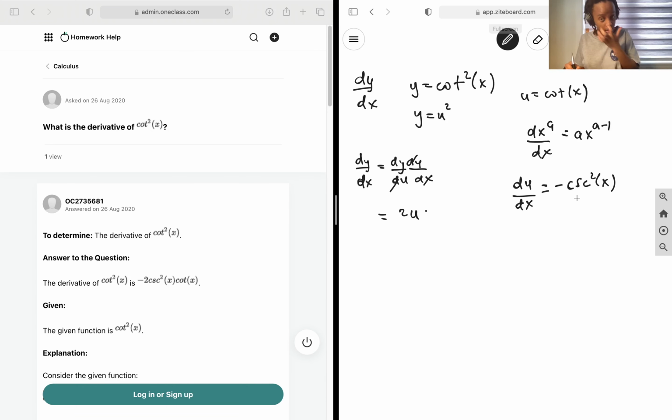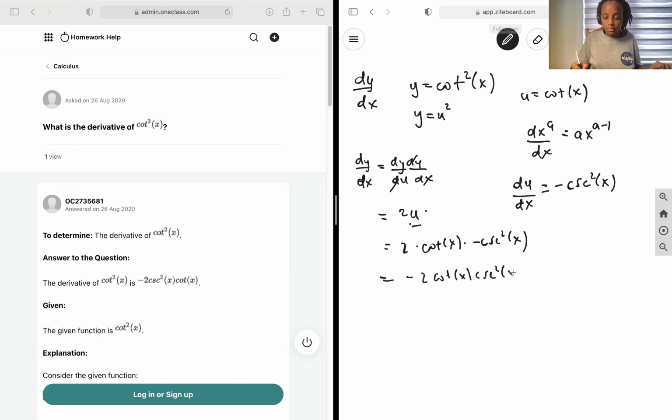And so now let's just plug in everything, and we're just going to put back in what u actually is, which is cotangent. And so we get 2 times cotangent x times negative cosecant squared x. So negative 2 cotangent x cosecant squared x. And this is our final answer.